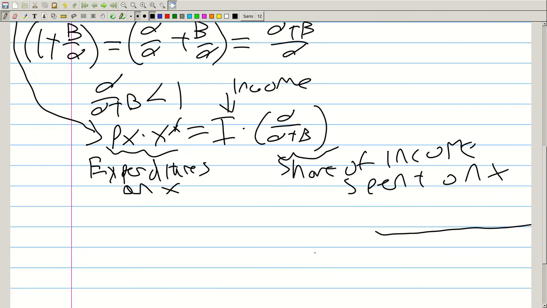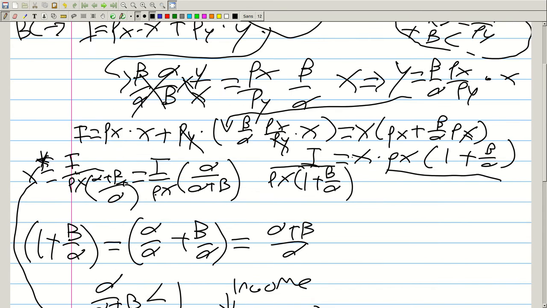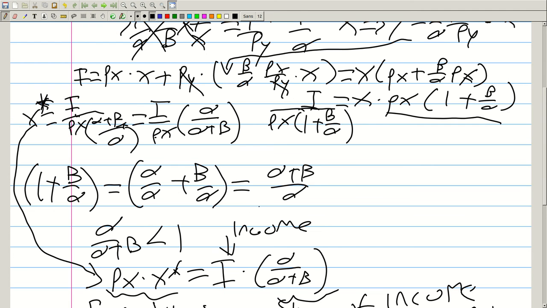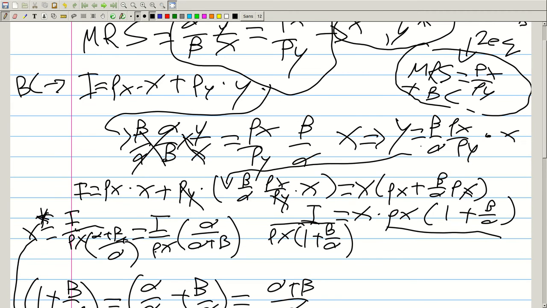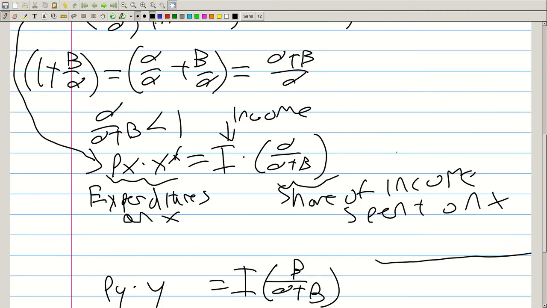Okay? But likewise, we have to spend all of our income on either x or y. So it must be that I spend the remaining share, that's beta over alpha plus beta, on expenditures on y. Without even needing to do the math, although I could, now that I know what x is, I could plug in for x and solve for y.